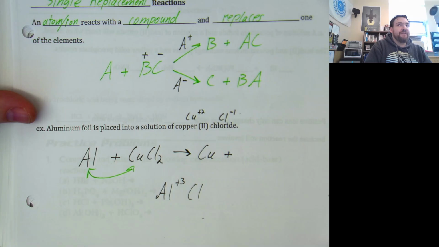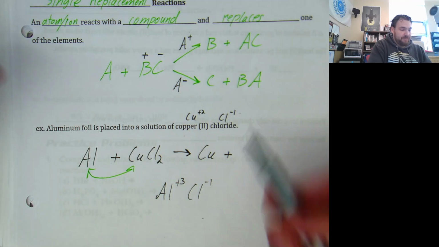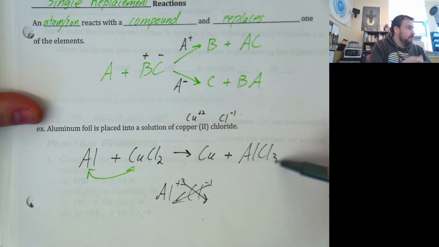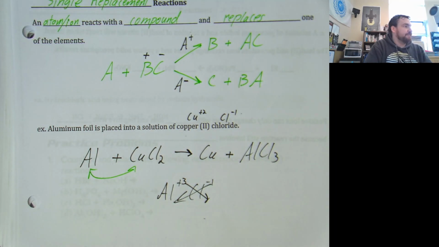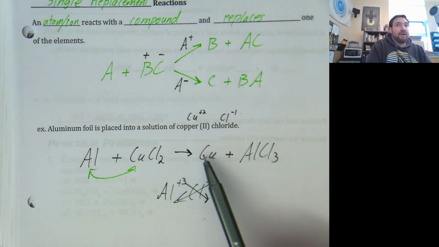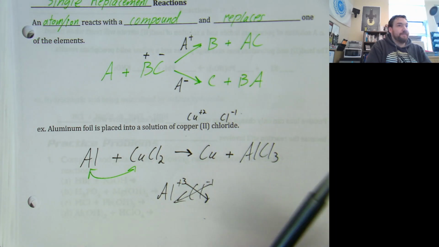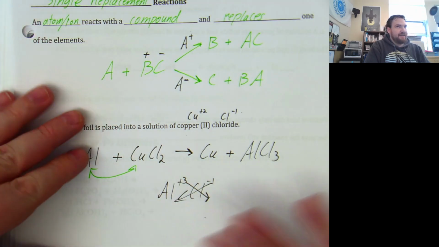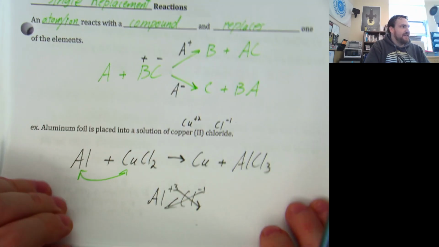Chlorine has a charge of -1. So we're going to have to swap and drop. So aluminum is going to replace the copper. It's going to make AlCl3, and copper is going to come out of that compound. Comments, questions, concerns? Okay. Then, as always, flip the page.